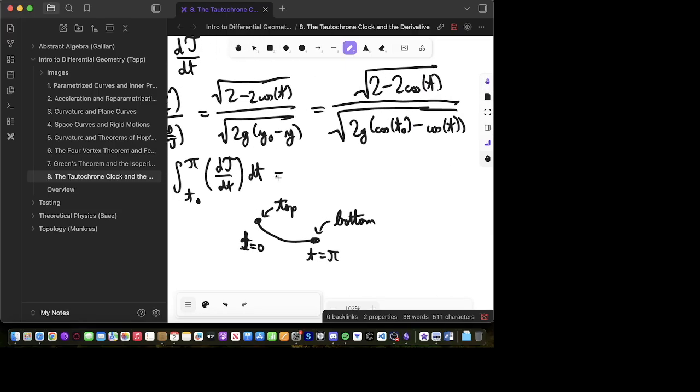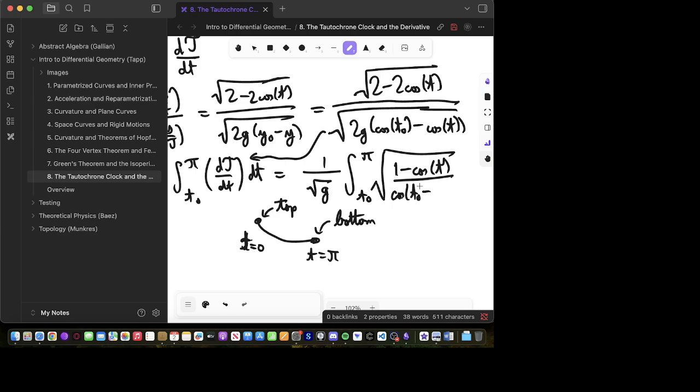And if you put this in here, we get 1 over square root of g, the integral of t naught to pi, of the square root of 1 minus cosine t over cosine of t naught minus cosine of t dt.